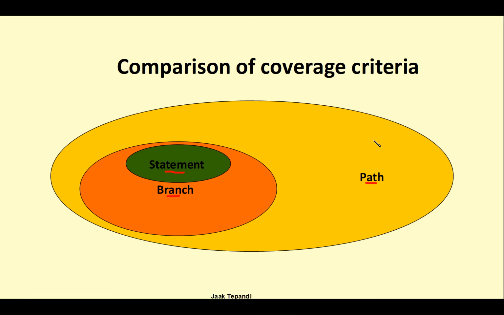But in many cases, path coverage is unrealistic, so branch coverage is suggested most of the time. So we want to cover all transitions, and please think about why branch coverage is stronger. Is it possible to cover all transitions and not cover all statements?